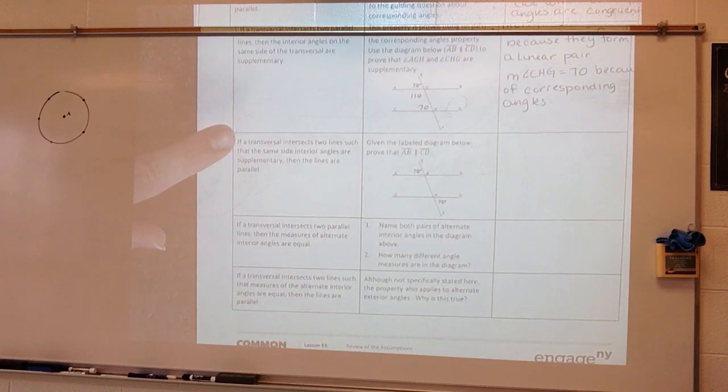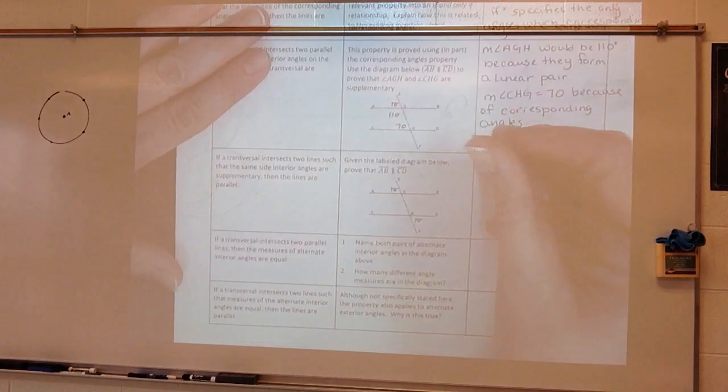So we're given the labeled diagram below. Prove that AB is parallel to CD. Alright, well, once again, I know that the measure of angle AGH is 110 due to linear pair.